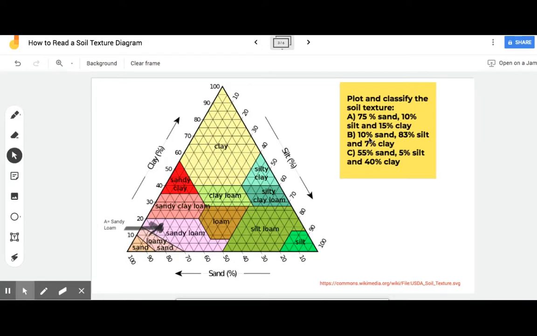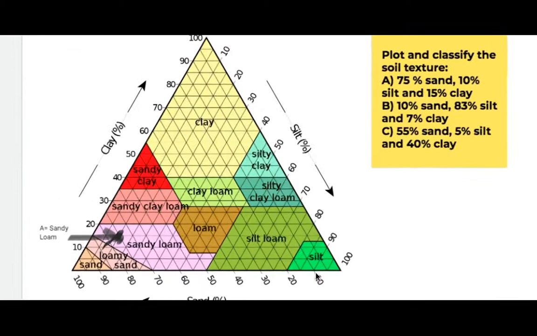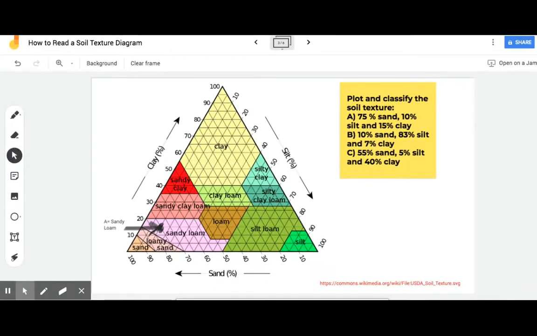Okay, next. 10% sand, 83% silt, and 7% clay. So we look for 10% sand, so it's here. And then 83% silt. This is 85, so approximately here. And 7% clay. So your dot should be here. Okay, I'm going to put a mark.